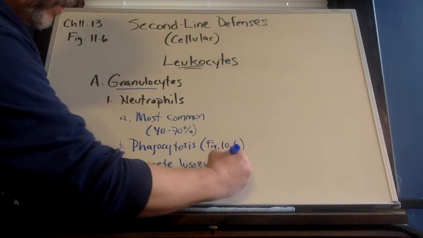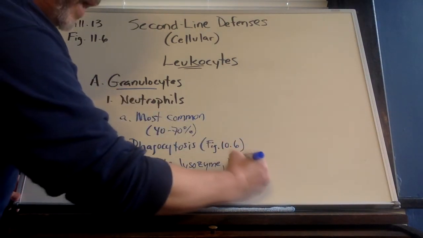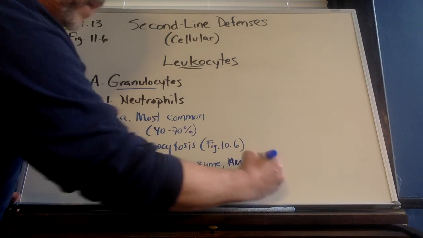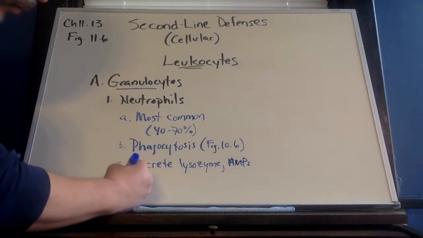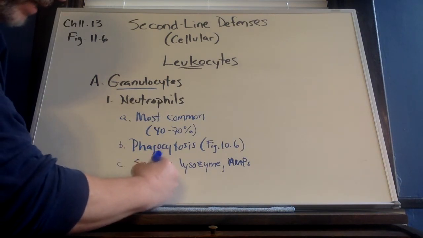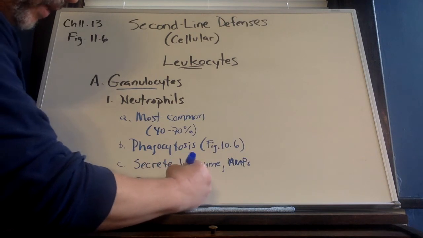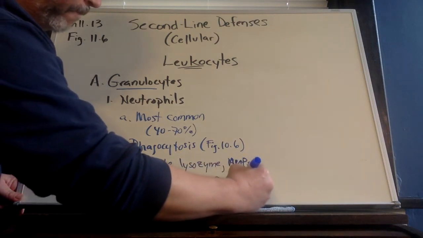Remember those first line of defense chemicals? And they're also going to secrete AMPs. AMPs serve the dual role of both fighting the microbe and being recruiters of the next lines of defense. In general, if you have neutrophils on site, it's typically because of a bacterial infection.